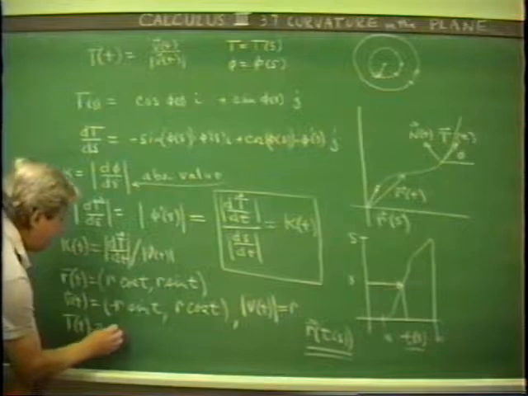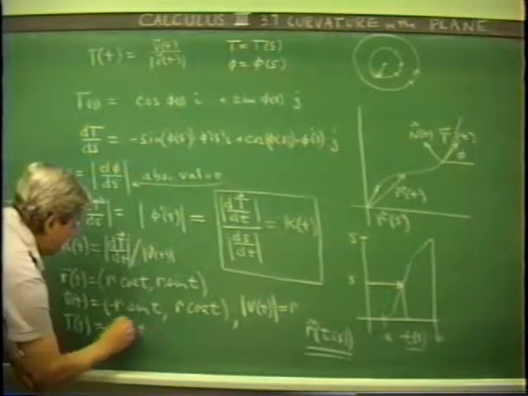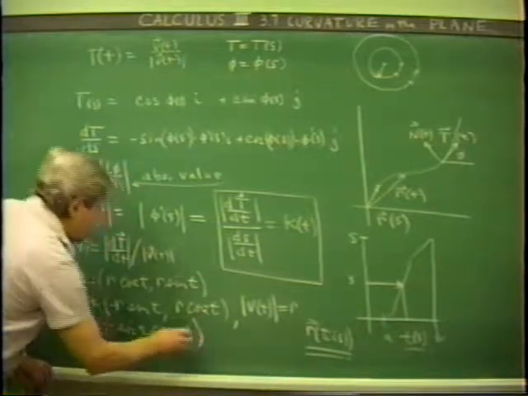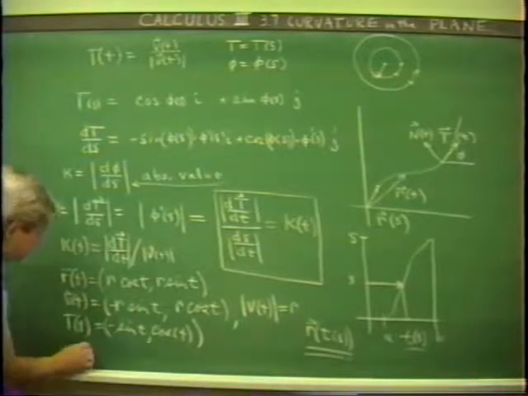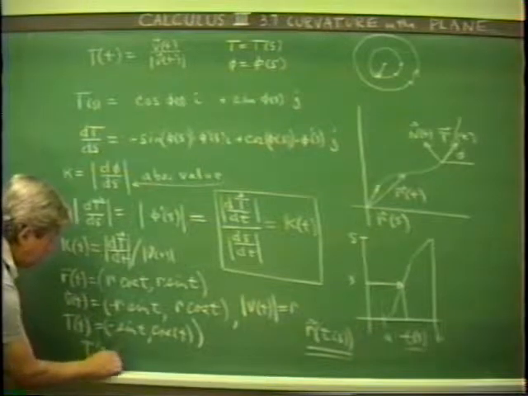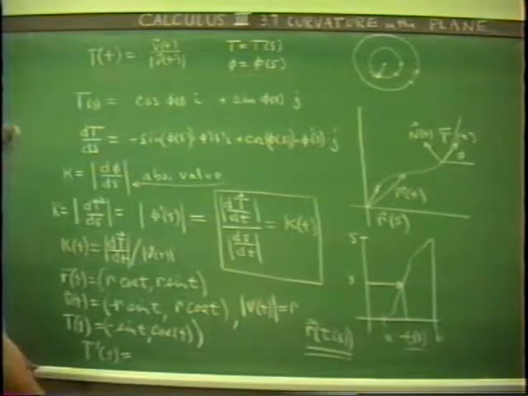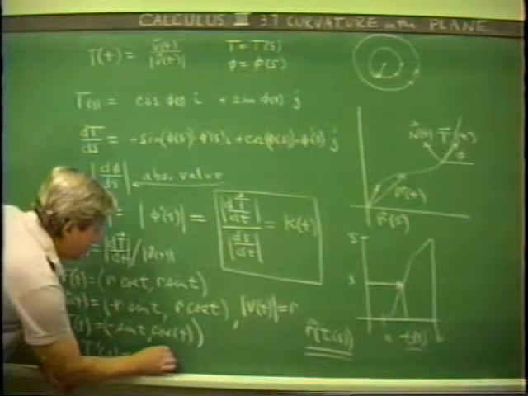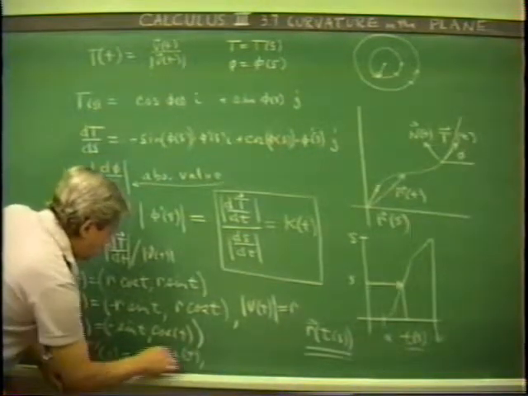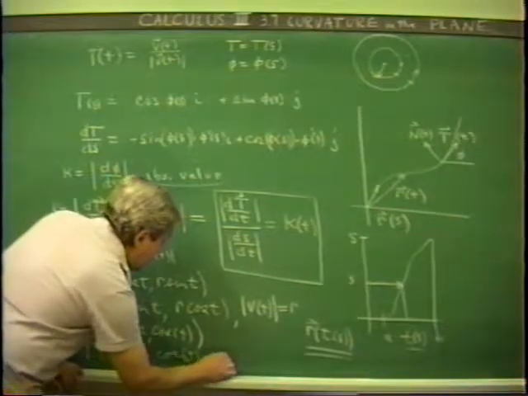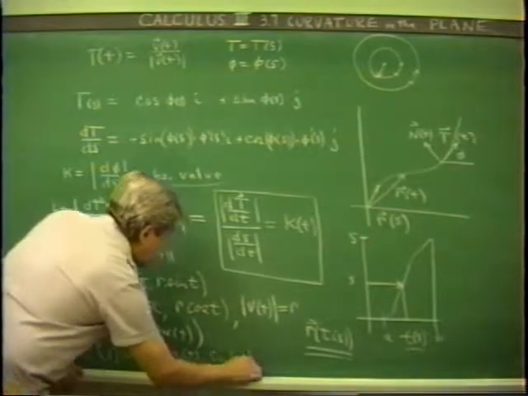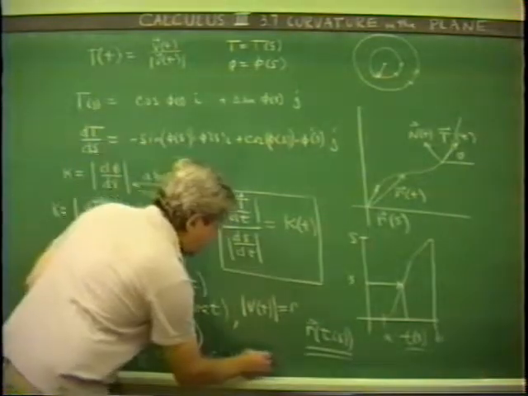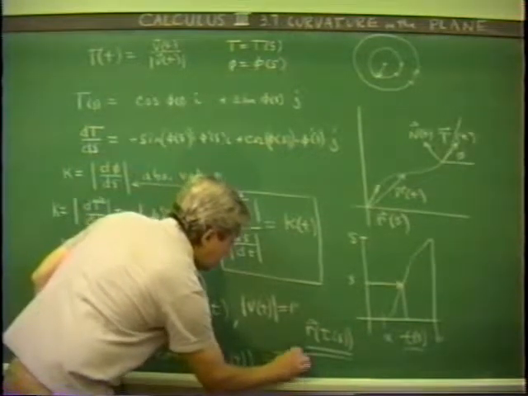So T of t, which is v of t over the magnitude of v of t, is going to be minus sine t, cosine t. And T prime of t is going to be minus cosine t, minus sine t, since the derivative of minus sine is minus cosine and the derivative of cosine is minus sine.